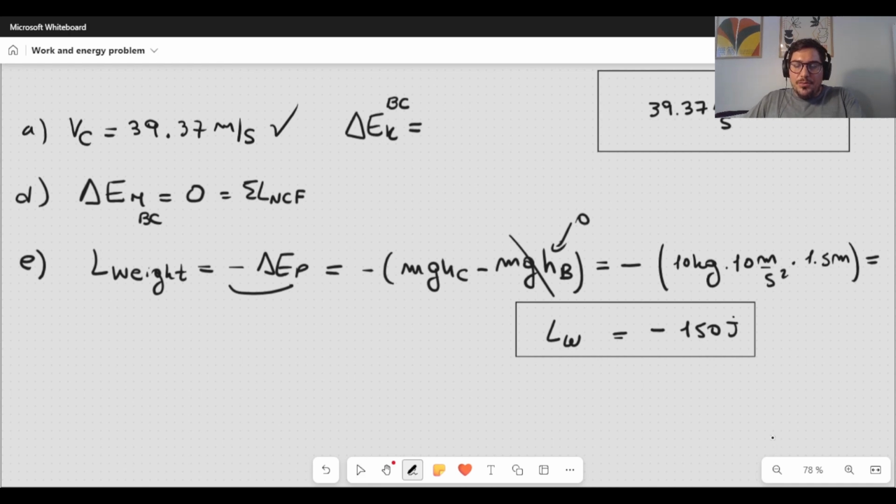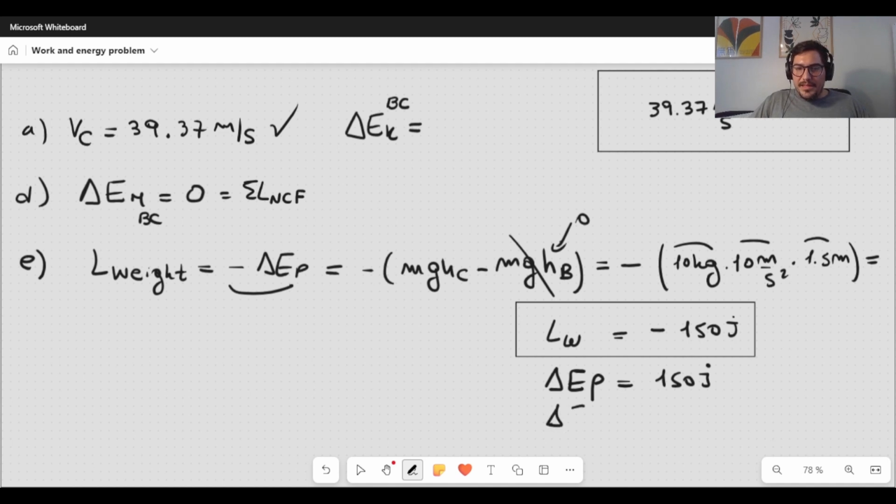This height b is 0. So we replace mass gravity height, mass 10 kilograms, gravity and height 1.5, and the work of the weight is minus 150. The change in the potential energy is 150 joules. Sorry, not newtons, joules.